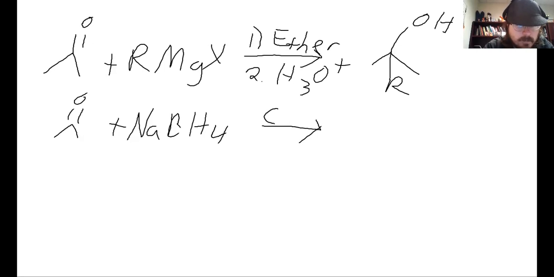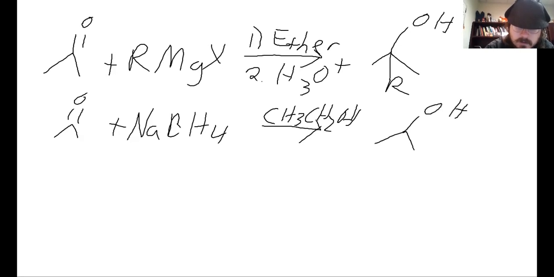We don't even need a full proton. Methanol, ethanol, some solvent. We're going to just get, in this case, instead of a tertiary alcohol, a primary alcohol, or a secondary alcohol.